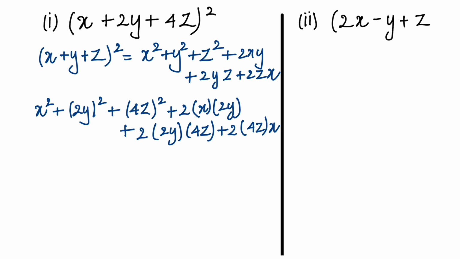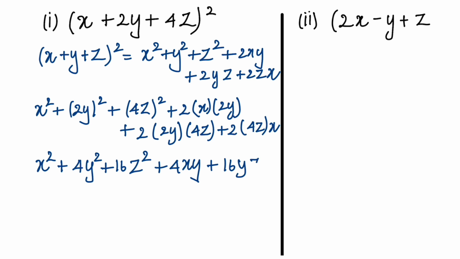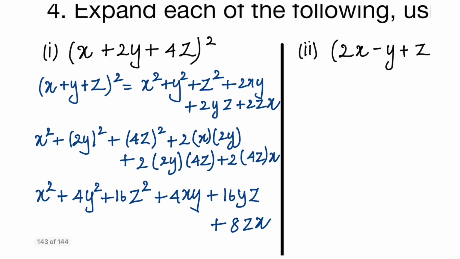Okay, we are further going to evaluate it, so it's going to be x squared plus 4y squared plus 16z squared plus 4xy plus 2 times 2 is 4 and 4 times 4 is 16yz plus 8zx. Okay, so this is the expanded form and they want you to expand, right?